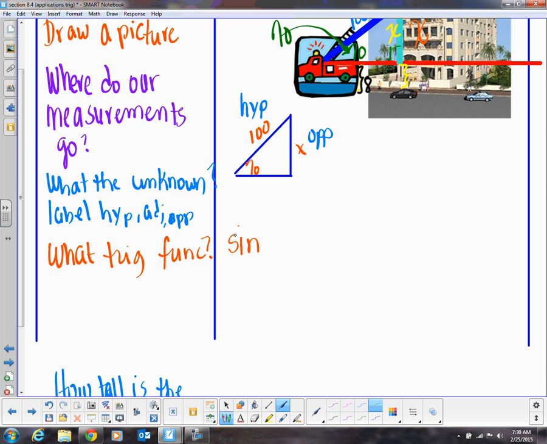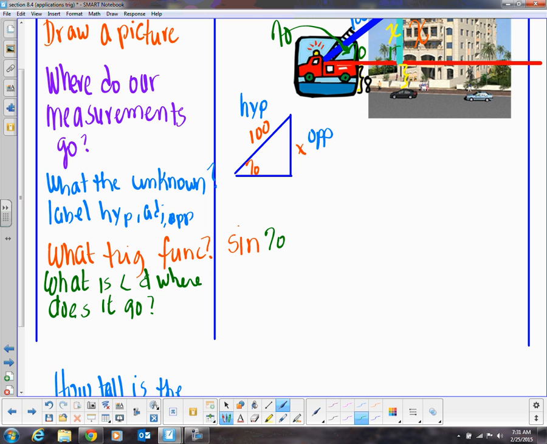So now that we know we're using sine, what do you think is the next logical question? What's the angle? 70. And where does it go? Sine 70. Okay, so we've got sine 70.